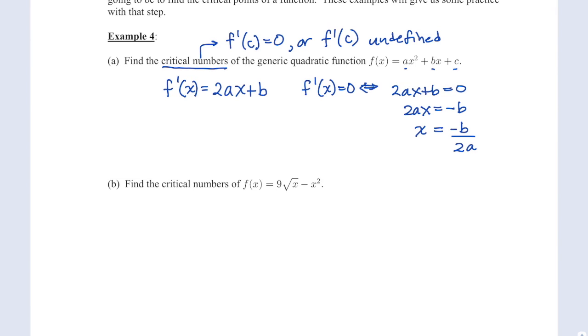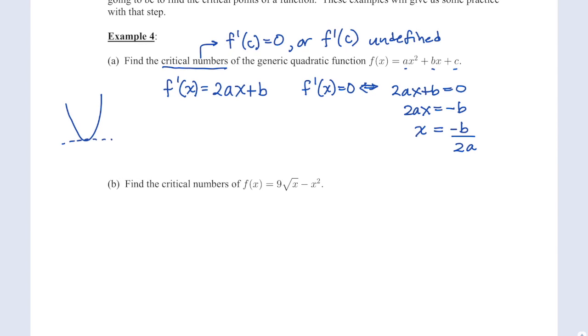And if you remember the vertex formula, you're thinking, that looks familiar. That's the x coordinate from the vertex formula. And that makes sense, right? Because we know that for a parabola, the derivative is 0 at the vertex, and that's just what we are showing. So the vertex for a parabola, the x-coordinate is opposite of b over 2a.